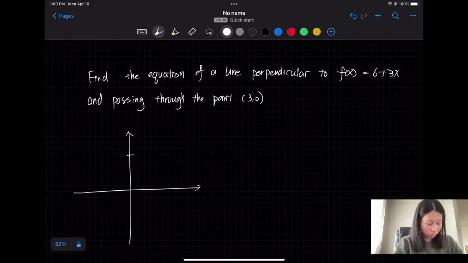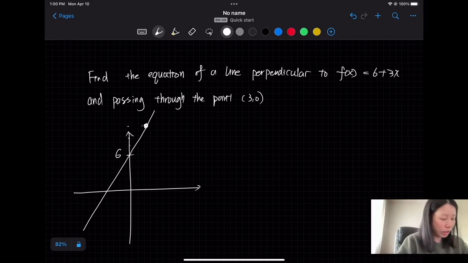Well, this is 6, and then for the run, we run 3, 1, 2, 3 here, and up 1 here. So that's the line for this function, f of x equals 6 plus 3x.